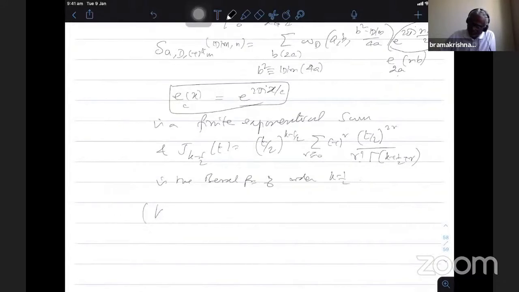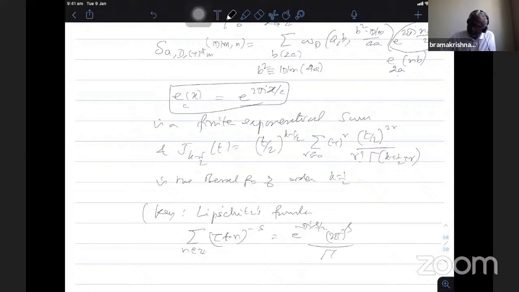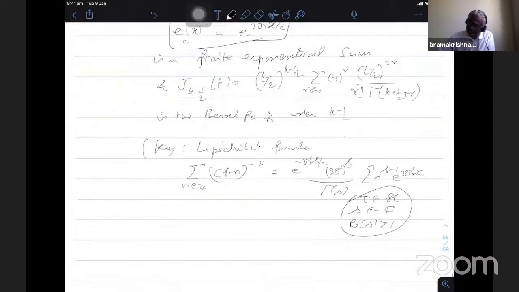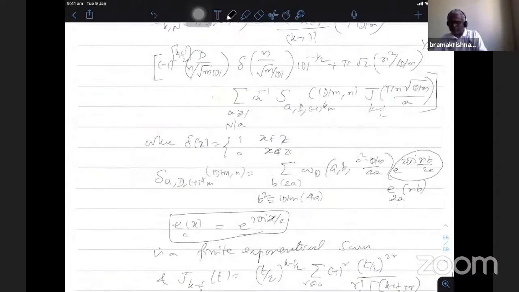Here is the Lipschitz formula: the sum over integers n of (tau + n)^{-s} is given by (e^{-pi i s/2} (2 pi)^s / Gamma(s)) times the sum over n of n^{s-1} e^{2 pi i n tau}, where tau is in the upper half plane and s is a complex number with real part of s greater than 1. So use this formula, and when you expand it out, finally you will come up with this kind of expansion.